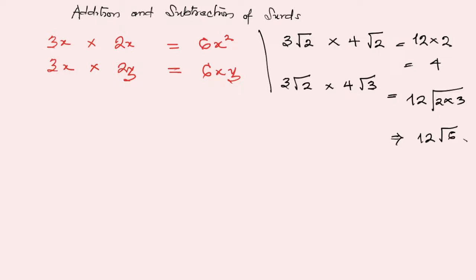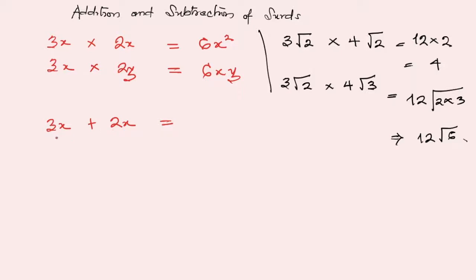But what if we have addition? What if we were to add up these terms instead? So what we would have is 3x plus 2x, and we will notice that we do this differently. What we do is we see this as 3 x's and we're adding that to 2 x's. So we don't multiply the terms, instead we add them up.